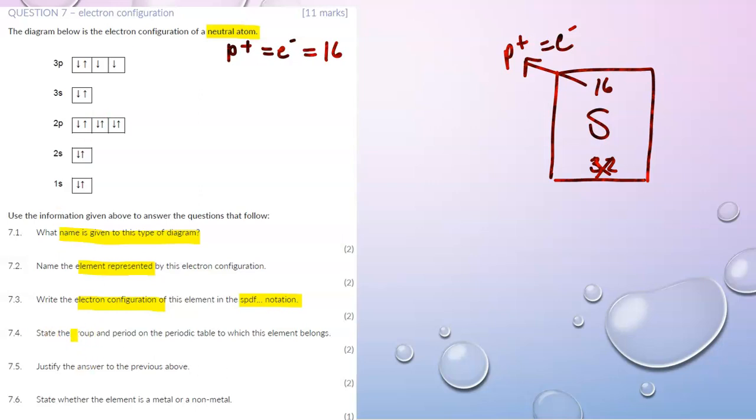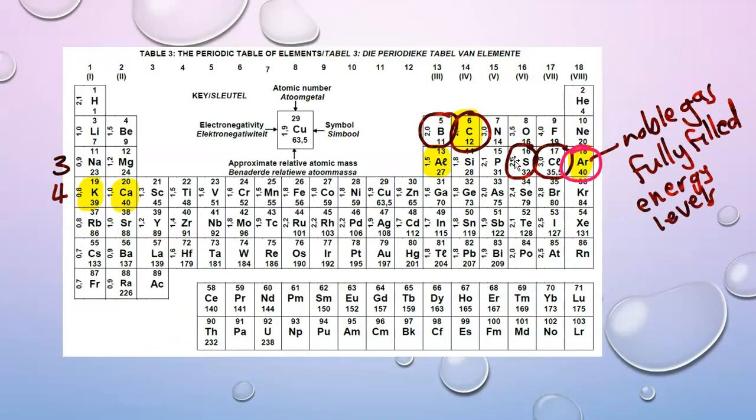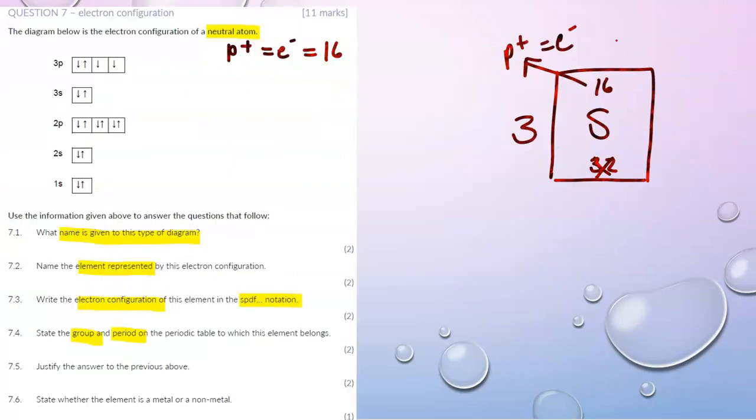Now they ask us, state the group and the period in the periodic table to which this element belongs. If we quickly go back to the periodic table and look at sulfur, sulfur is in row 3 and in column 6. But I could actually get these numbers from the electron configuration as well, because this 3 tells me the highest energy shell that is occupied.